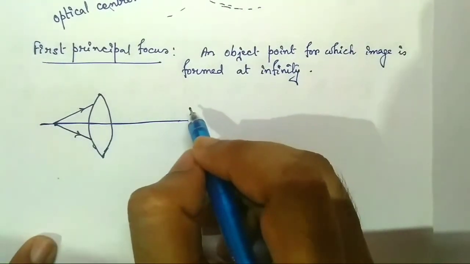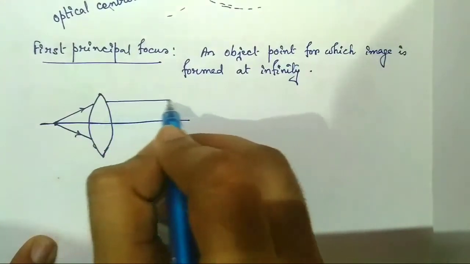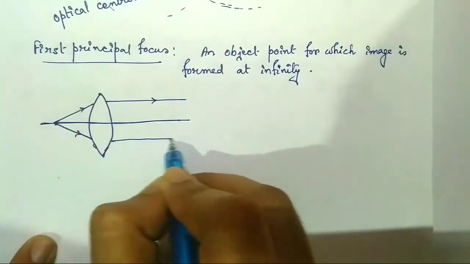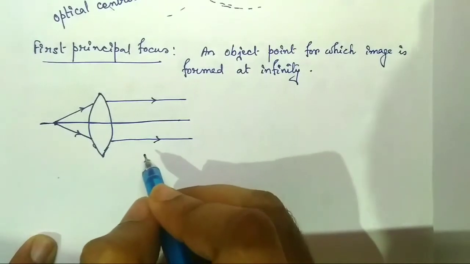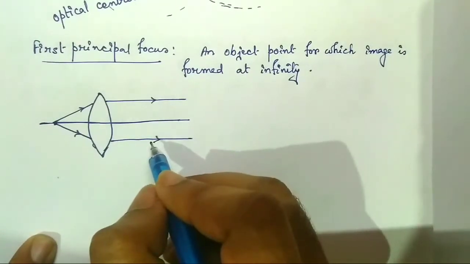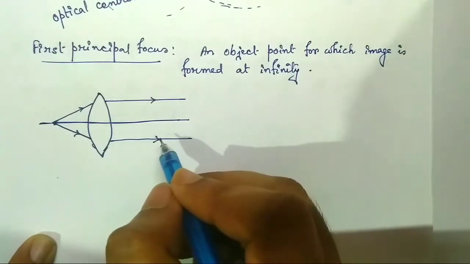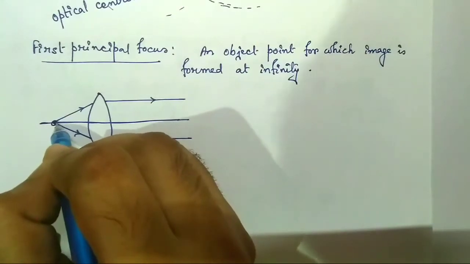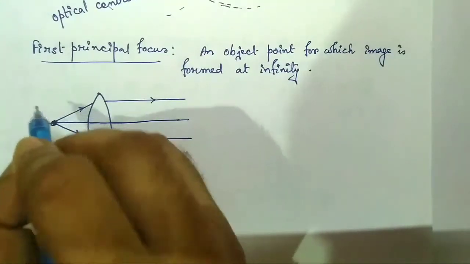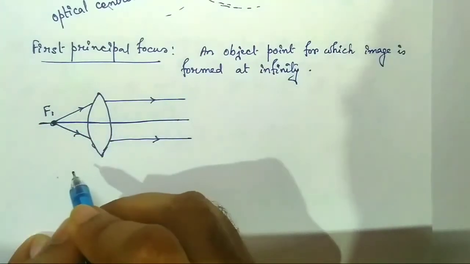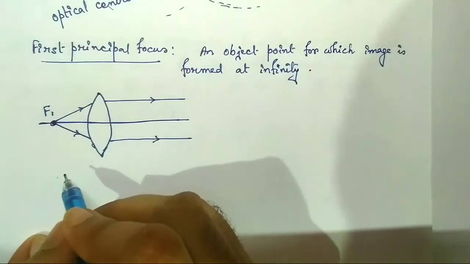After refraction, the light rays follow this path, so they become parallel. If they become parallel, they will meet at infinity, such that the image will be formed at infinity. In this case, the object position is known as the first principal focus. It is denoted by F1.